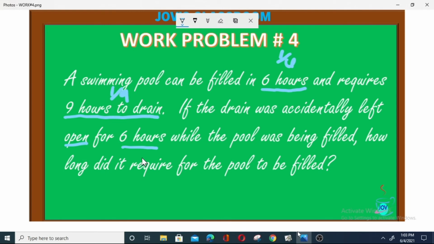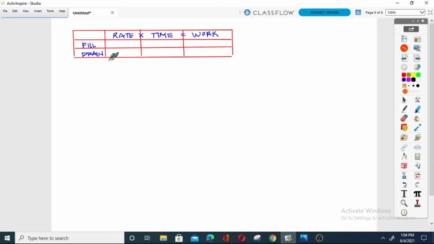In 6 hours, if it is left open in 6 hours, so this is the time for the drain while the pool was being filled. So given the time of draining, we are asked to find the time of filling the pool. So this is 1 for the filling, this is 1/6.